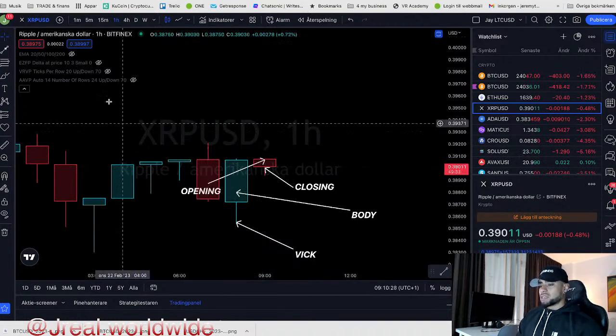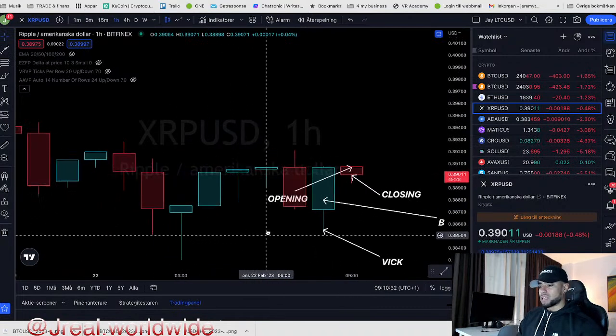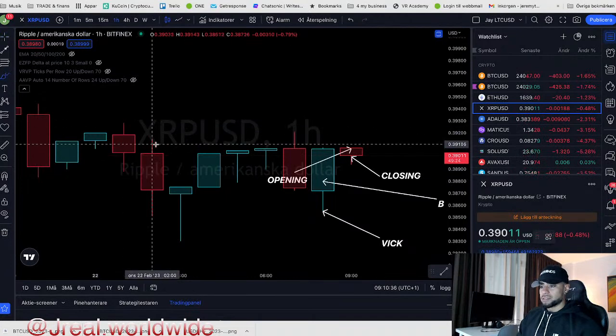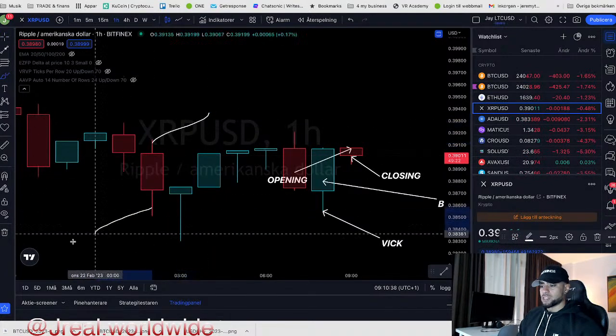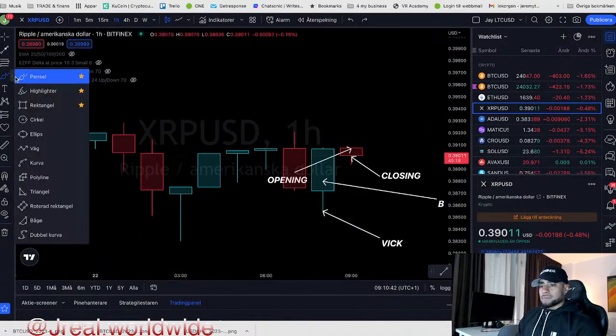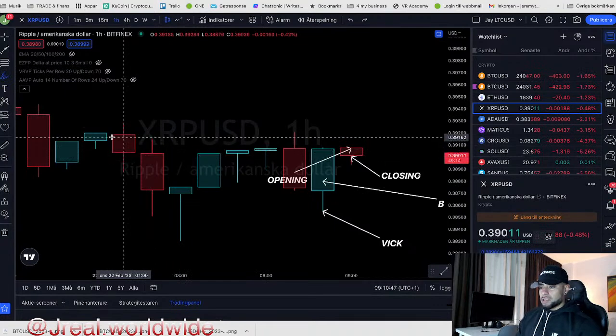And the wicks, as I mentioned, represent the movement of the candle. So let's look at this one, for example. This one has 2 wicks. We have this wick and we have this wick. What the candle did is this one opened and closed below, right?